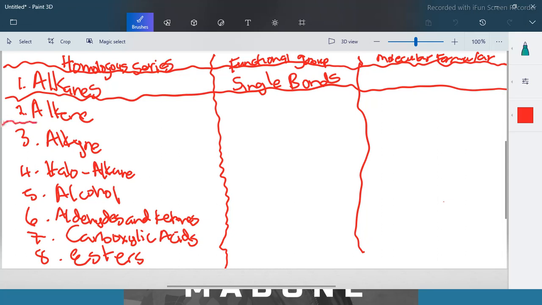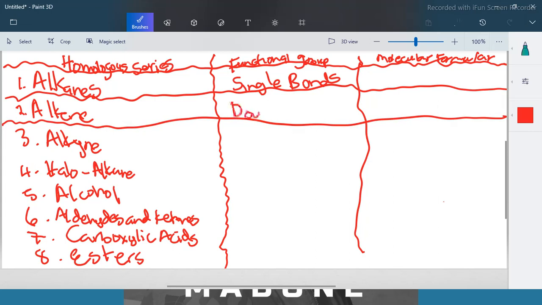And then we look at the alkene. What do you know about alkenes, guys? Alkenes have a double bond. So since they have a double bond, that is the functional group. That's how it functions. That's its property. Then we have alkynes.